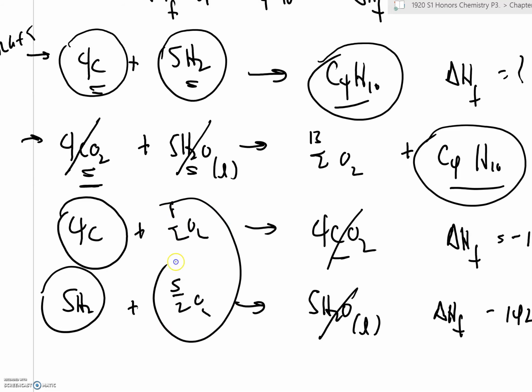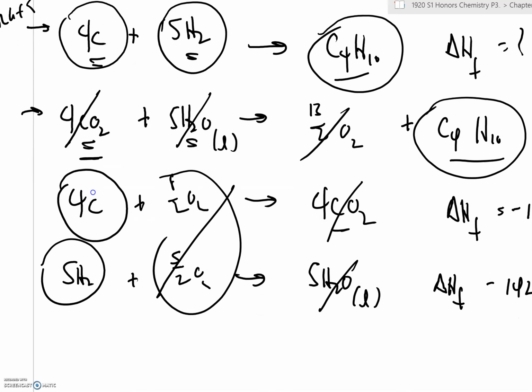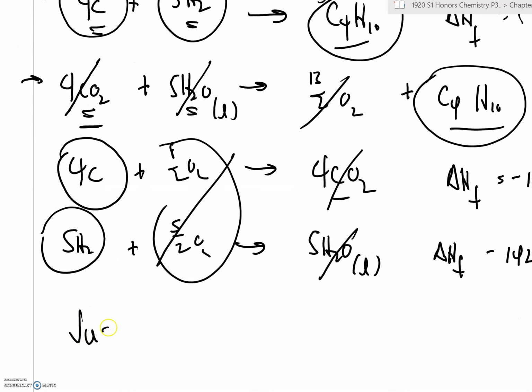That's 13 halves, and that cancels out this. Now let's remember that this is just a bookkeeping method. It's just our way of determining a reaction's energy change from some equivalent reactions. Remember that Hess's law says that the overall change of a reaction is equal to all the steps, even if those steps are theoretical. So this is just for bookkeeping. We're not saying that this is how this reaction is going to work. It's just a method for getting the numbers, okay?